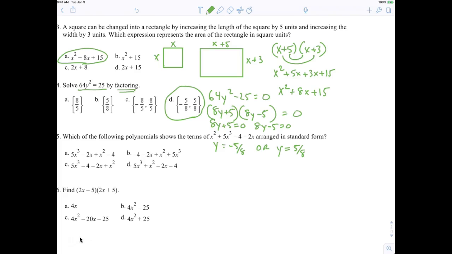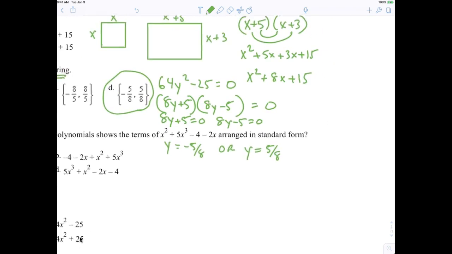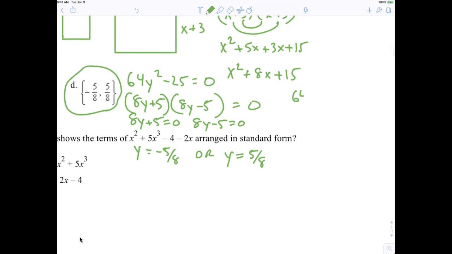You could just take the square root so that you got 8y equals 5. Well, first of all, that's not how we did it. We isolated the square term. So let's do this now. It was 64y squared is equal to 25. So y squared is equal to 25 over 64.